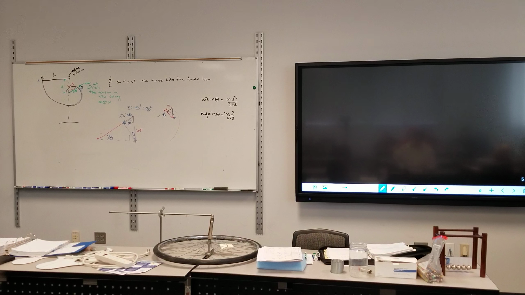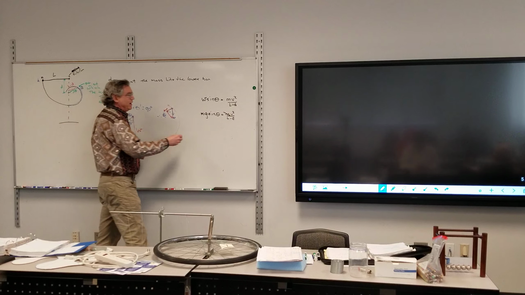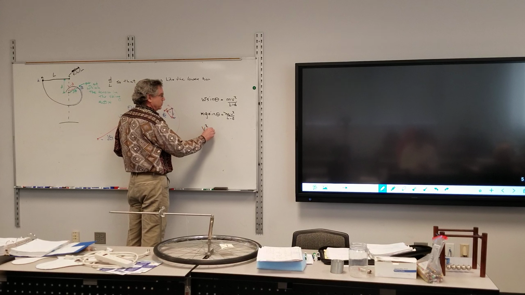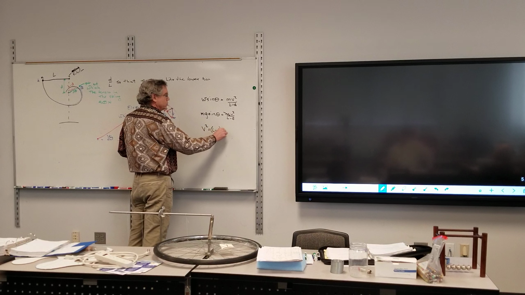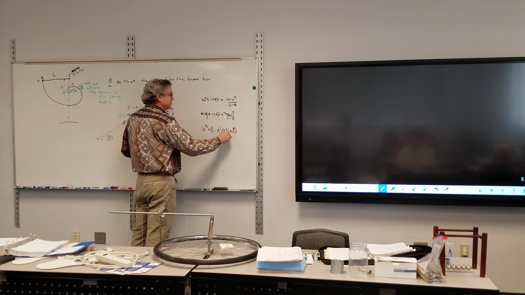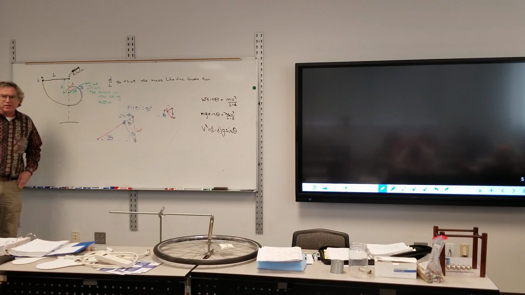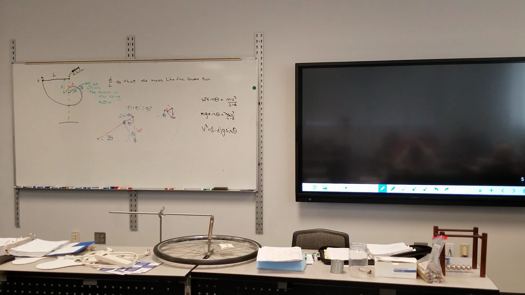We assume that the string is massless. The problem is that larger masses will be larger in size, and that becomes more difficult in terms of how well we nailed it. So I now have the idea that the speed squared is equal to (L minus D) g sine theta. Now we can keep L minus D as is, or we could come up with a single letter for that and then substitute back at the end when we need to. I'm going to keep L minus D for now and hopefully not make another mistake.